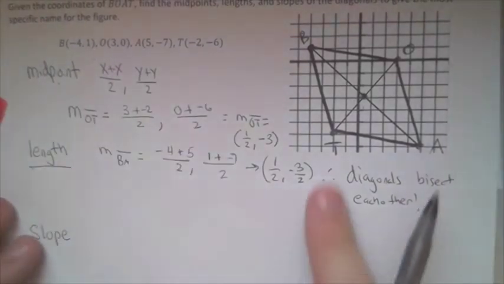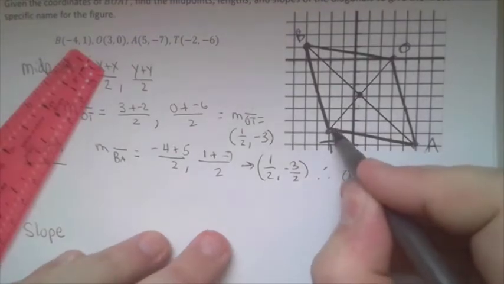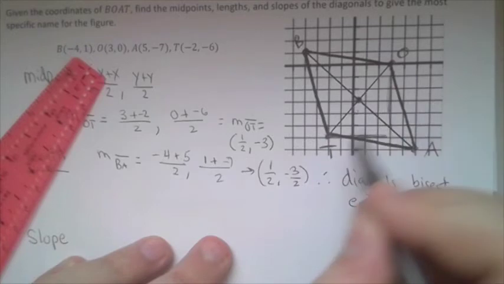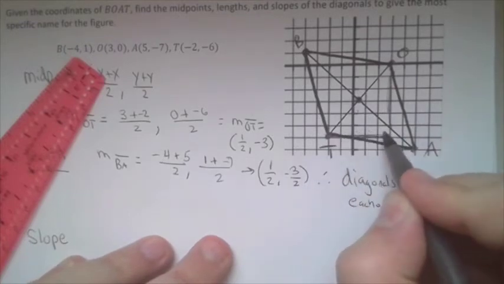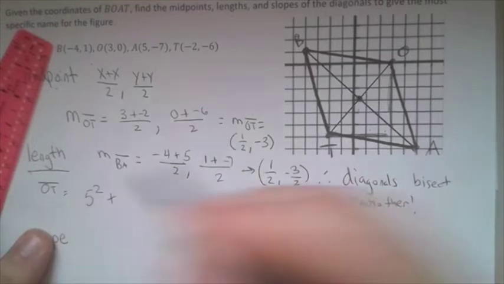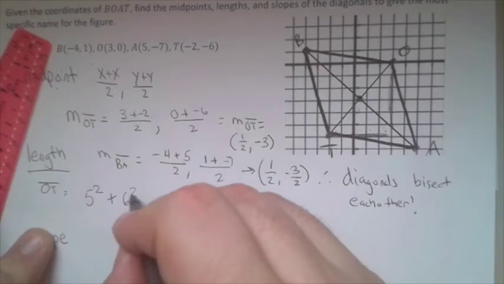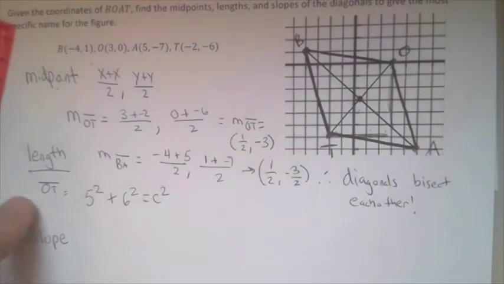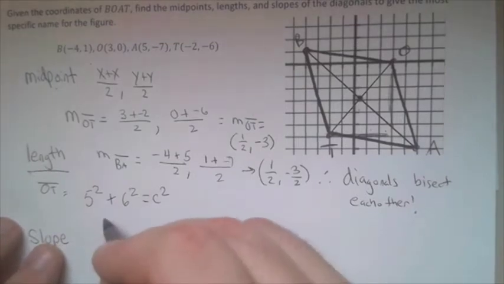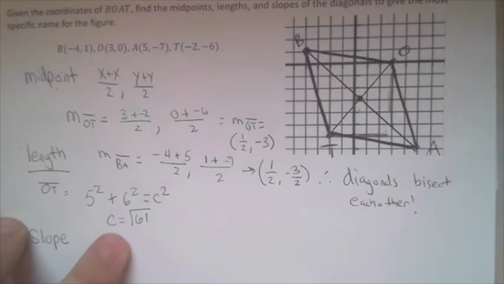For length, we're going to use the Pythagorean theorem. So here we can see that OT goes over 5 and up 6. If we solve this, we get that c is equal to the square root of 61.